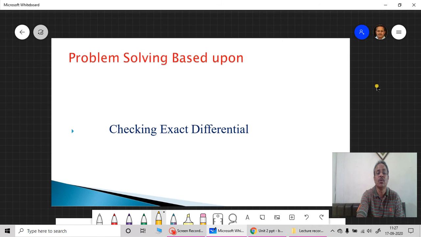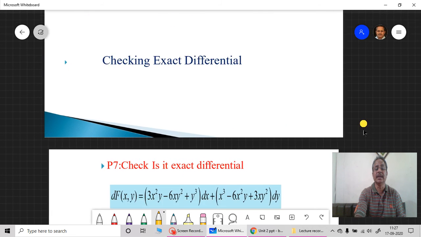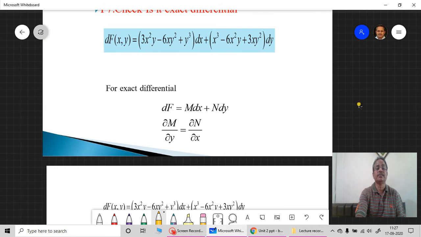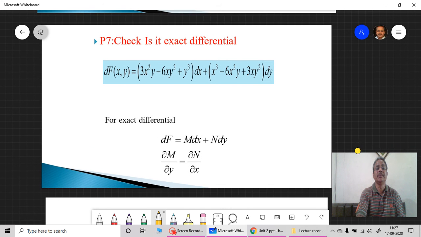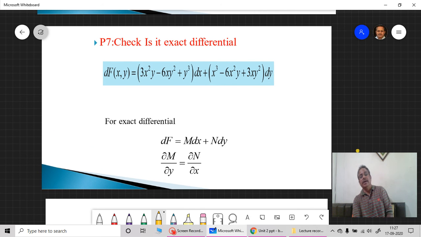Now let us go for some simple example problems based upon this definition of exact differential. Please check. This is the example you have been given: df of x, y is equal to 3x square y minus 6xy square plus y cube into dx, plus x cube minus 6x square y plus 3xy square into dy.